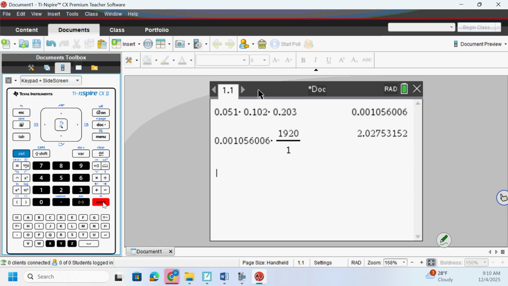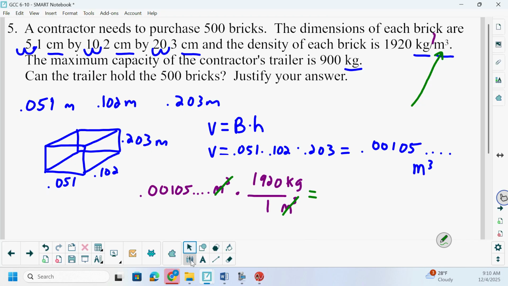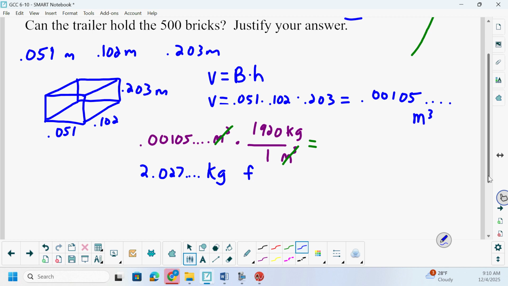So we get this 2.027 number, so I'm going to copy that down with dot, dot, dot. Our units now is kilograms. So this is the kilograms for 1 brick.